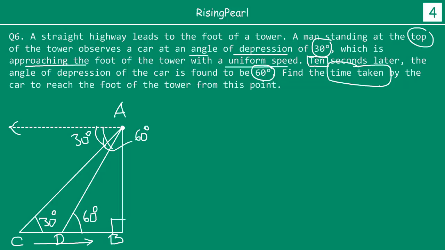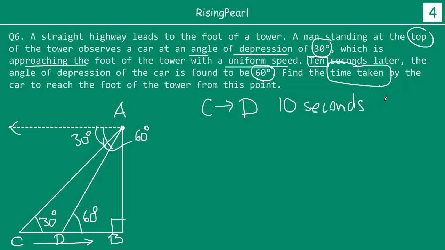So let's take it one step at a time. What do we have so far? We know that the car took 10 seconds to travel from C to D. It is given to us, right?